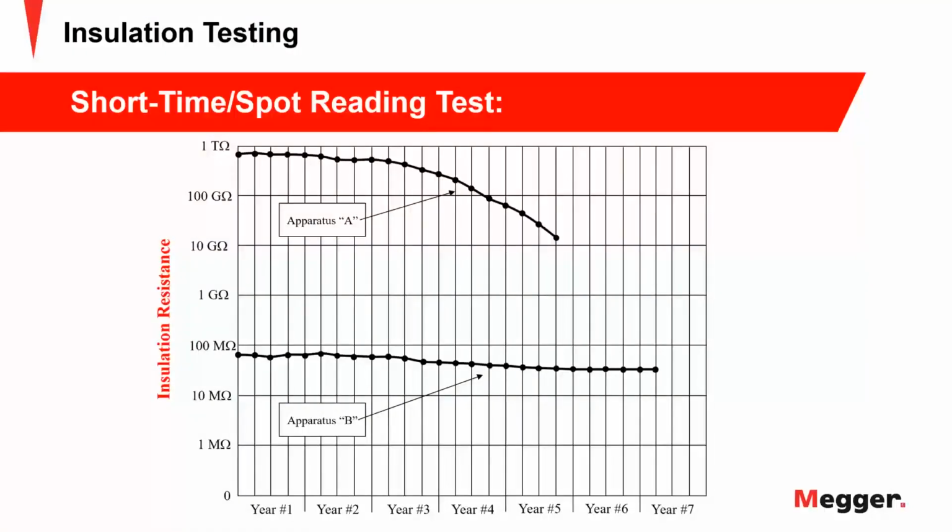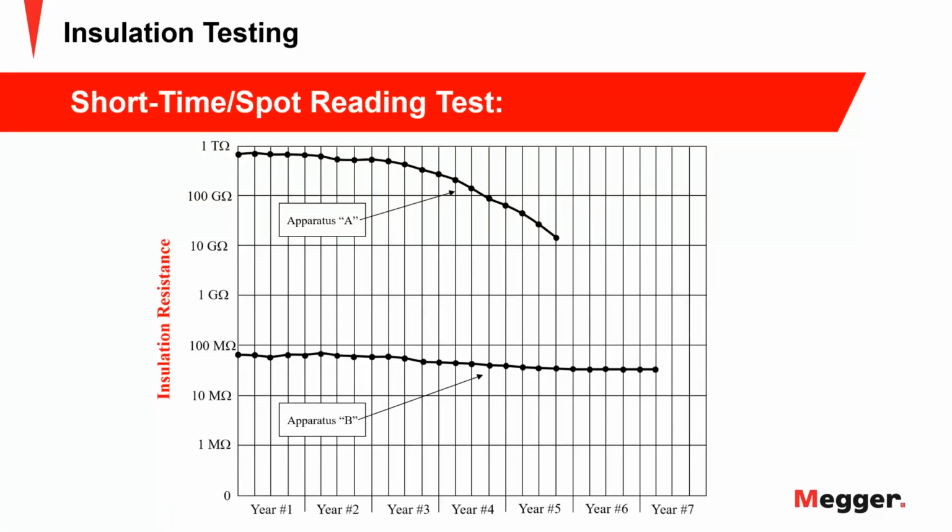Okay, this is a good representation of the time factor and the record keeping factor. You can have what is called distributed leakage, which is represented on the lower line here. That's where the leakage is flowing pretty much uniformly based on the structure of the insulating material, and so that may give you a comparatively low reading.